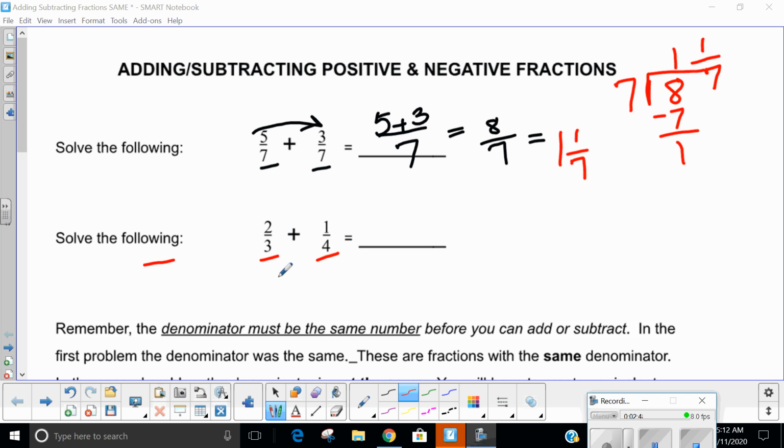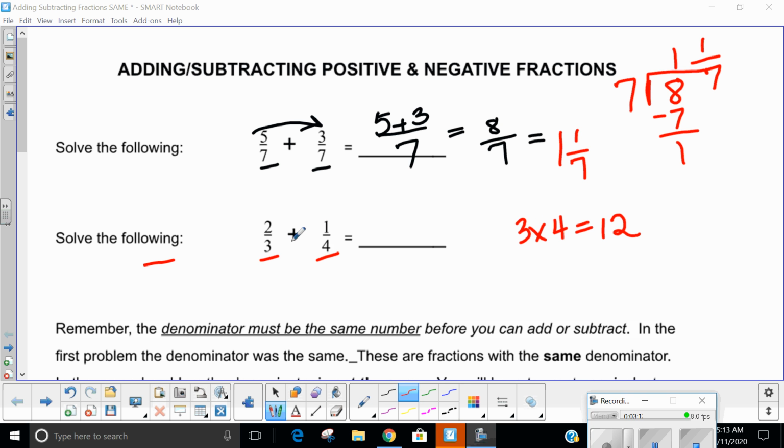Well, we have to find the greatest common denominator. So in this case, we want a number that both of these, 3 and 4, are factors of. So we can just take 3 times 4, and that gives me 12. So that means that 12 is divisible by 4, and 12 is divisible by 3.